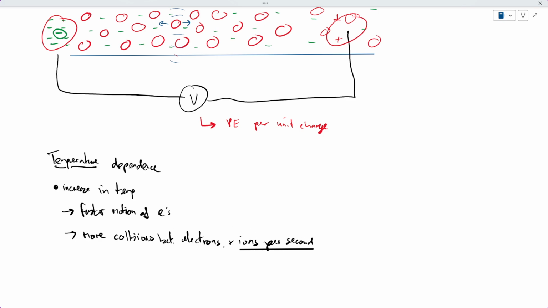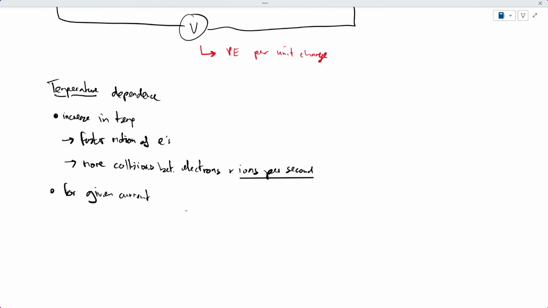But more collisions per second, if I have the same current, so for a given current, I have the same amount of charge passing through the substance per second. Because remember, current is defined as the rate of flow of charge.